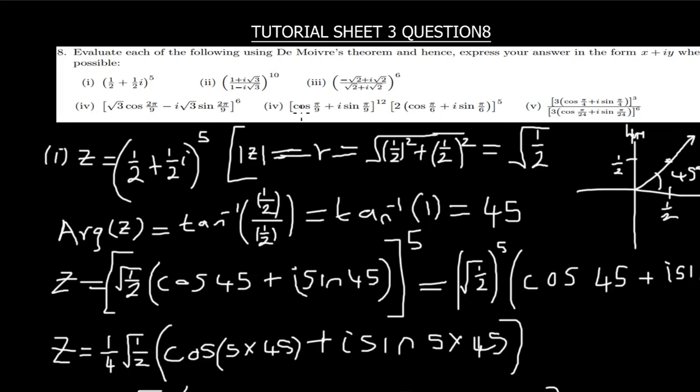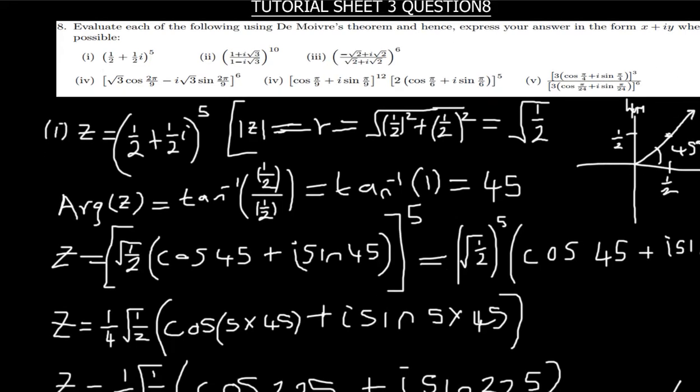All right, let's check out this one. For this question, you can work out this part separately, and also work out this part separately, and then come and multiply them.